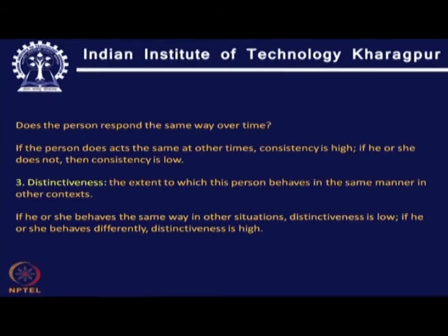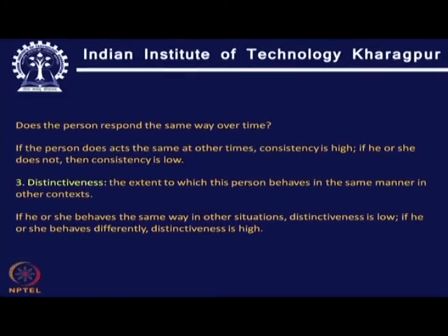Third is distinctiveness. Distinctiveness is the extent to which this person behaves in the same way in other situations and contexts also, or whether this is a very unique situation in which that person has behaved. So, here the focus is on the situation. If he or she behaves in the same way in other situations, we say distinctiveness is low, but if he or she behaves differently, then distinctiveness is high.